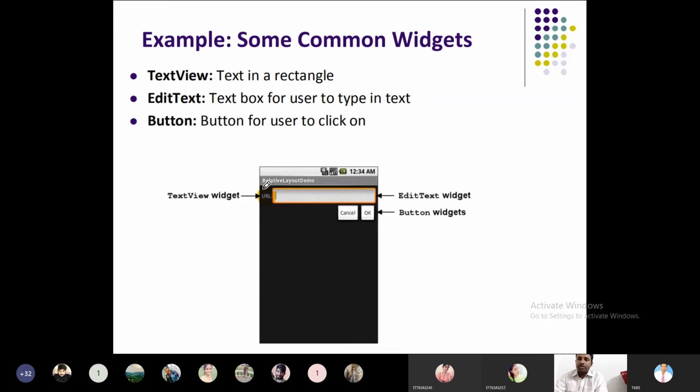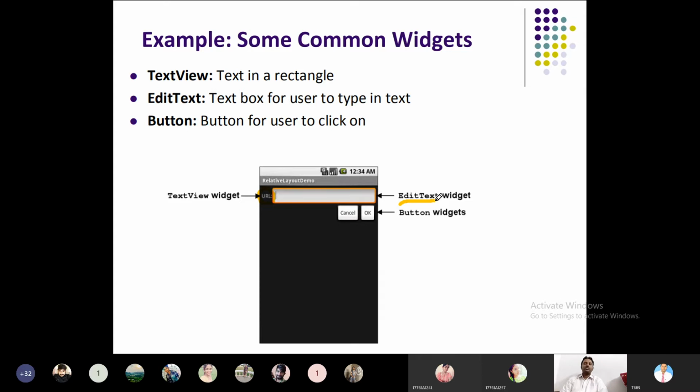So it is a text view. Text view means only the text which is visible, which the developer wants to show to you. That's it. The user cannot change it. But with edit text, the user can change it. That's why they have given the name edit text here in Android.